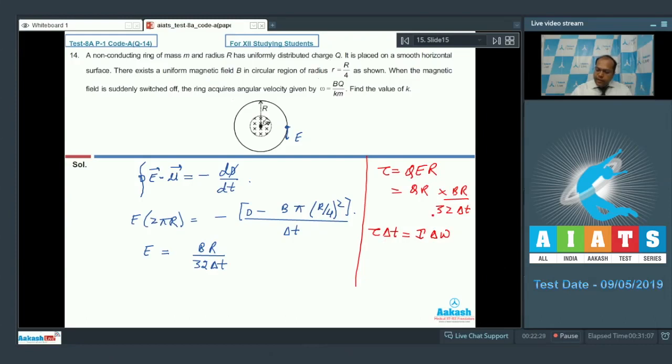So the value of tau into delta t can be written as Q into B into R square divided by 32, and this is equal to I, that is the moment of inertia of the ring about the axis of rotation, so that is mr square into delta omega, that is omega minus 0. So if I solve this, the value of omega comes out to be QB by 32 m. So on comparison, the value of K comes out to be 32. So the correct answer for question number 14 is 32.